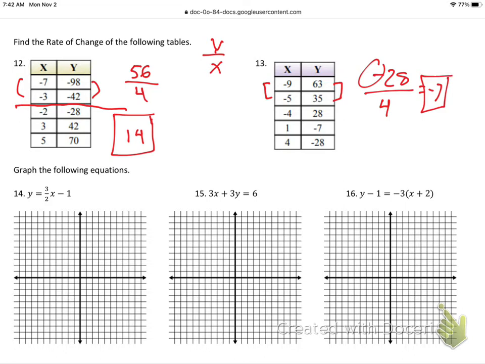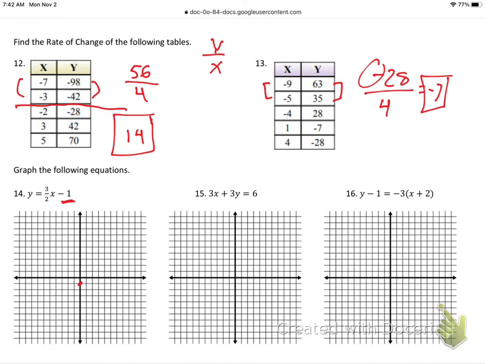All right, let's graph the following equations. So the first one's pretty straightforward. I have y equals 3/2x minus 1. So I'm going to look at my y-intercept. It tells me to start at (0, -1).